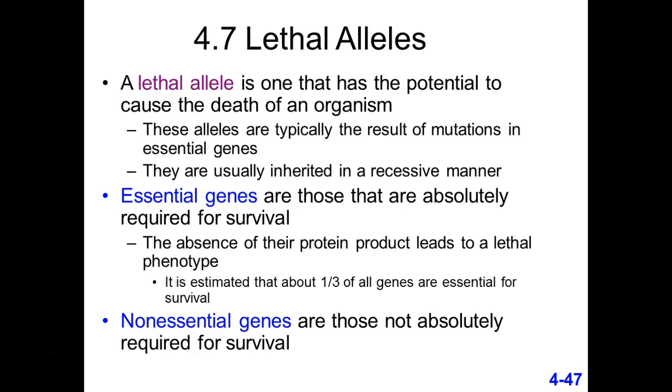You'd be okay if one of the 3 out of a set doesn't work, but if you don't have all 3 of those, then we're looking at serious problems. Does that make sense? So some of them are non-essential because other genes will make up for not having that, even though it's not exactly the same, it gets the job done.